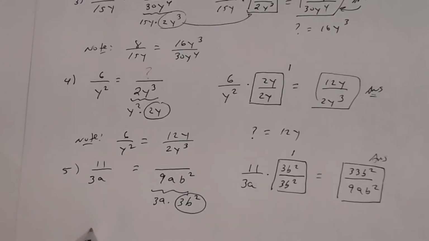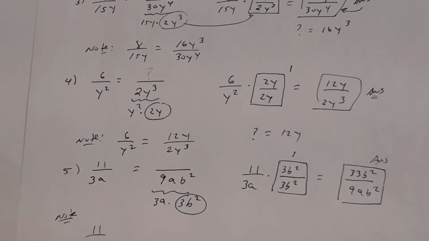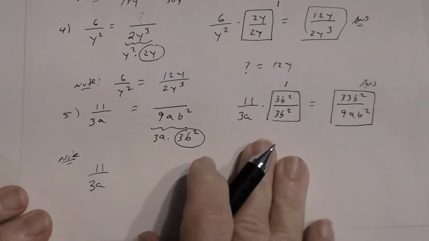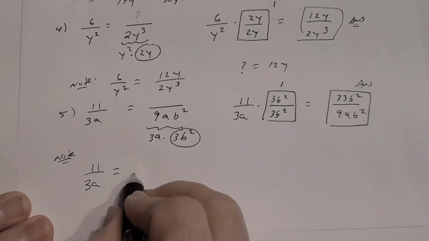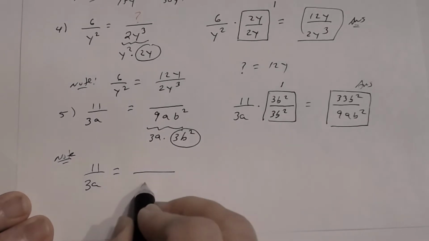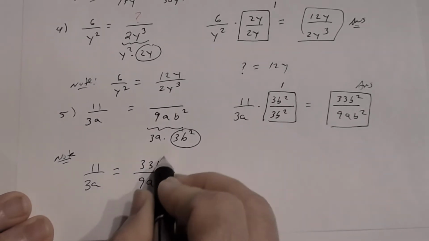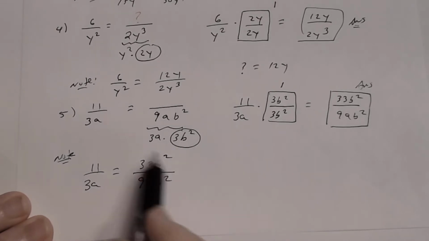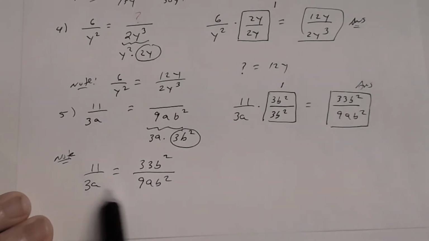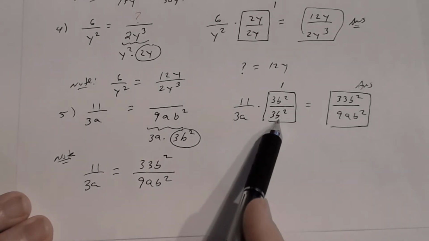So you found that 11 divided by 3a, so note, 11 divided by 3a is equivalent to a rational expression with this denominator, 9ab squared, where the numerator is 33b squared. Okay? All right. And you can always check, because remember how we got this. We got this by multiplying numerator and denominator by 3b squared.